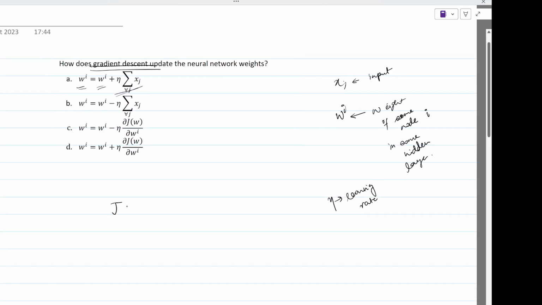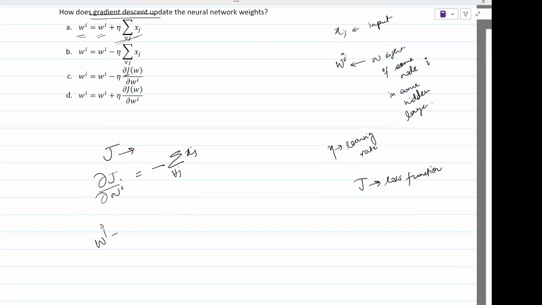If J was your loss function, let me take L. So if J was some form such that the partial derivative del J by del w is equal to minus summation of xj, then my weight update would be minus eta del J by del wi, which is summation of xi.